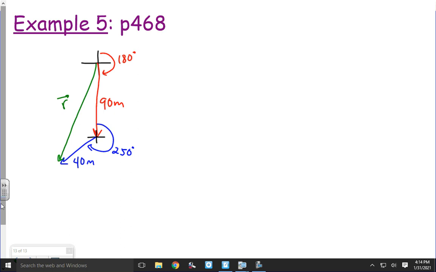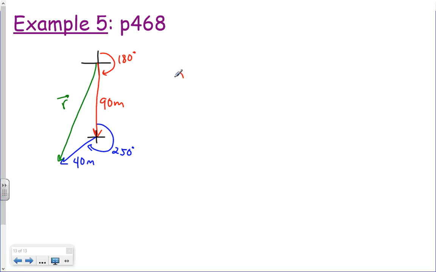Let me call the vector that I've got there in red, I'm going to call that vector A. So vector A is equal to, its magnitude is 90, times the cosine of, maybe I'll actually write this as 90 minus 180. Again, I'm writing that in the form of 90 minus 180. That's what we just talked about on the previous slide. Times vector i.